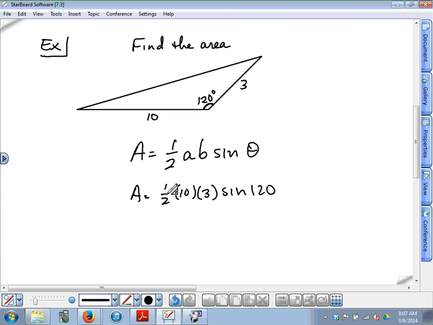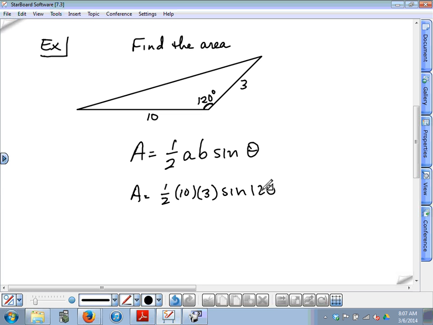So these integers out front and this 1/2, that's not so bad, but the sine of 120, we've got to figure that out by hand, not with a calculator. What is the sine of 120? Well, it's just like those problems we did to review before class started. 120 is not part of a special triangle, but it would turn into 60.